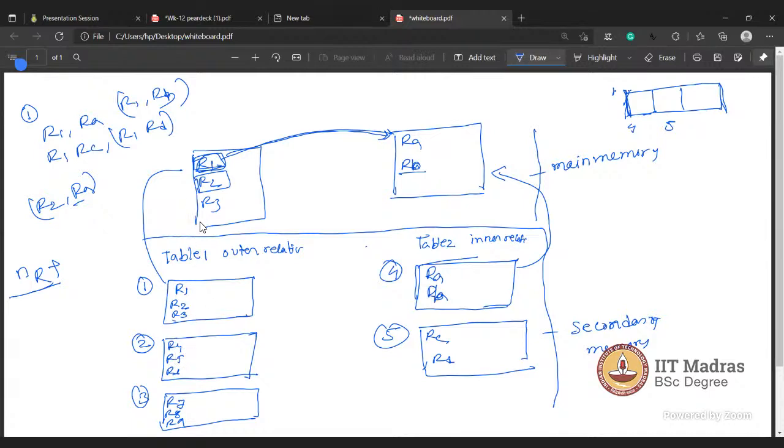Okay. Maybe your question is why you don't require a seek for moving from R1 to R2, right? No, sir. Actually, my question is that we are only concerned with the number of rows and blocks in the outer table, right? But we are also accessing rows in the inner table.